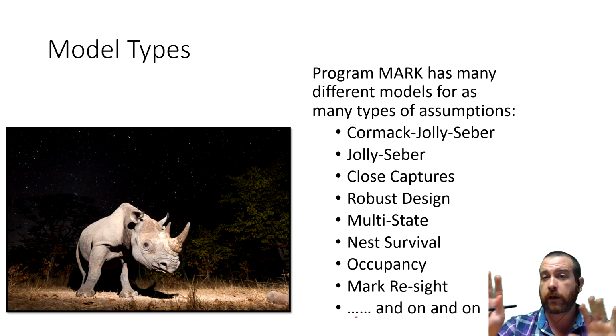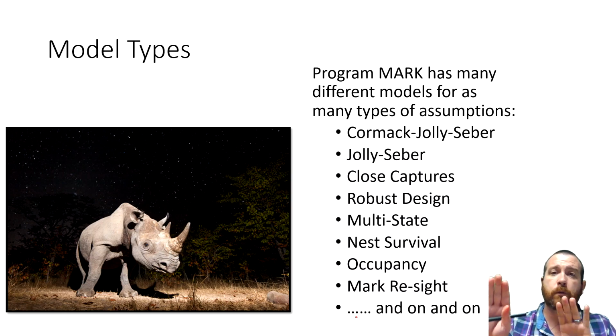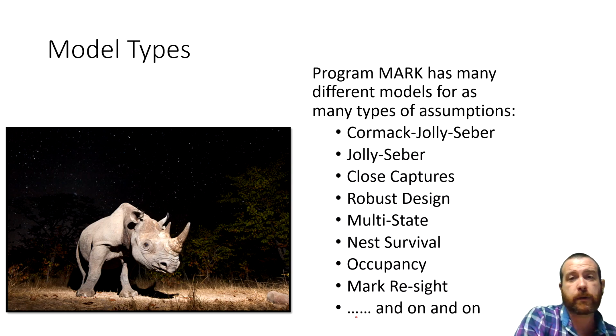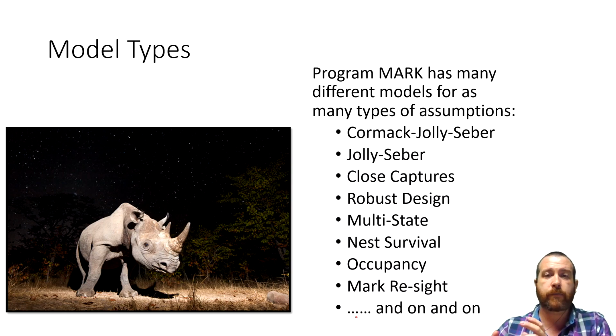Maybe the males have higher fatality rates, often do, because the males are dumb and fight each other. Well, in that case, now I have to have one set of data for my survival and recapture estimates for a female in that population, but I have to have a different set of expectations for the male in that system, right?